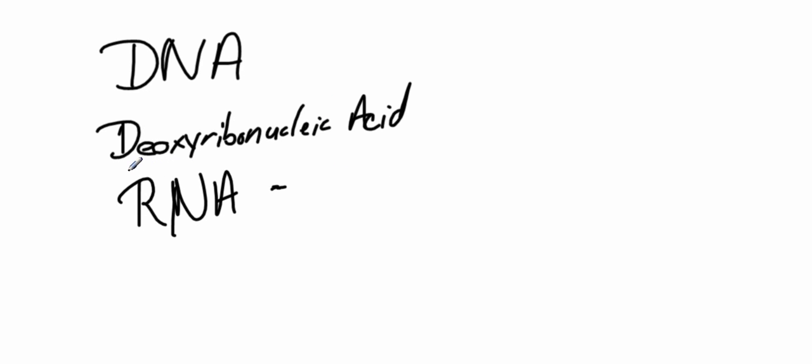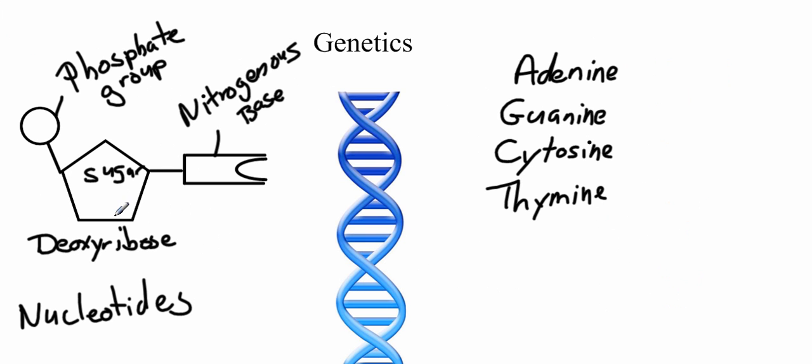Right? So remember, the sugar for DNA is deoxyribose. What do you think is different in RNA? The sugar, the phosphate, or the base? Right? So deoxyribose was the sugar. This one has a different letter, so it's safe to assume that the sugar is different. So it's actually ribonucleic acid.